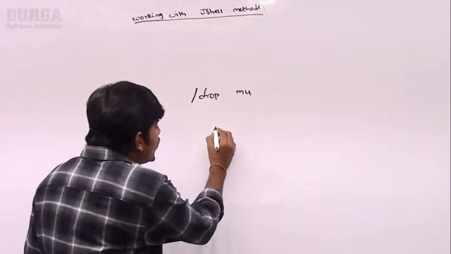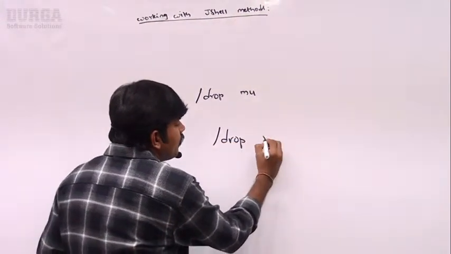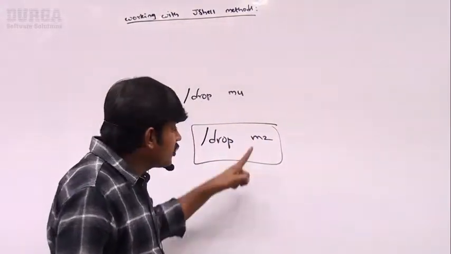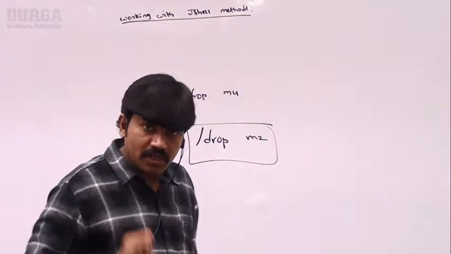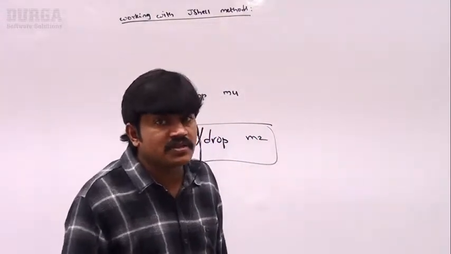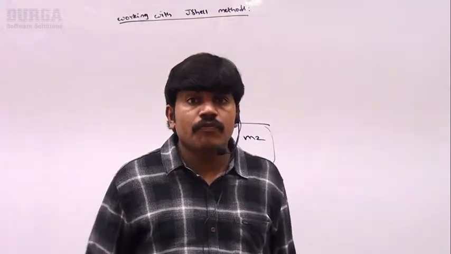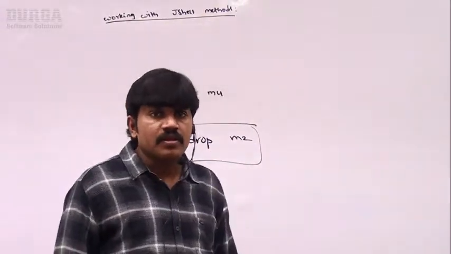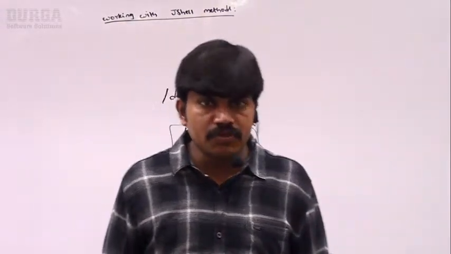Here, suppose I am using /drop m2. Remember this one. Hey, can you please drop m2 like this? But with the m2 name, how many methods are there? 2 methods are there. If multiple methods with the same name are available, then which method will be dropped?